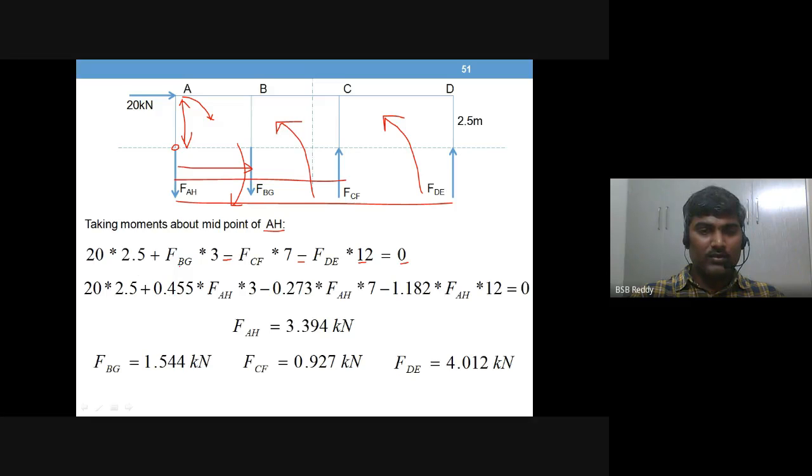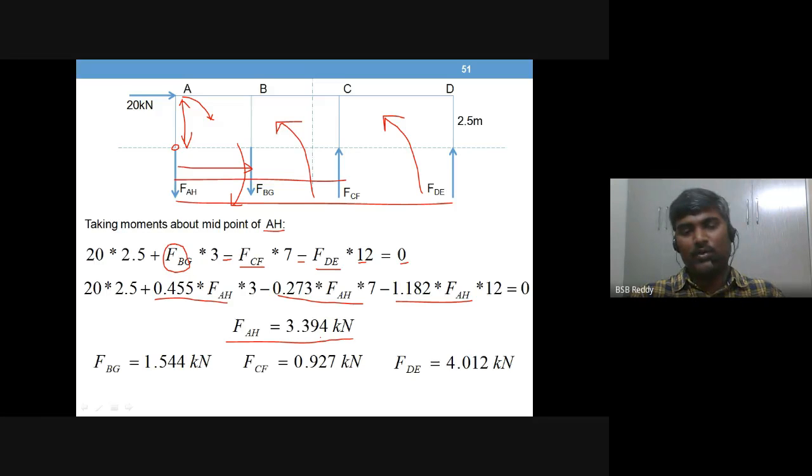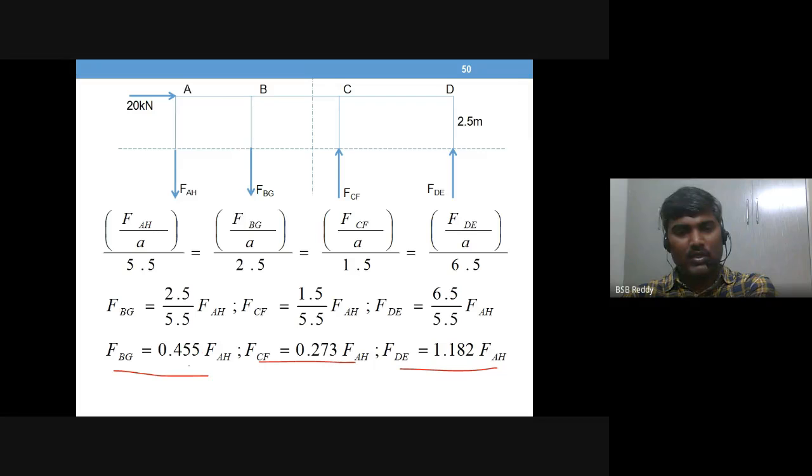Now, you have the FBG value, substitute it here. You have the FCF, substitute it here. You have already FDE, substitute it here. So in the entire equation, FAH is the only unknown, and that is this value, 3.394 kilonewtons. Once you know the FAH value, substitute back into the earlier relations.